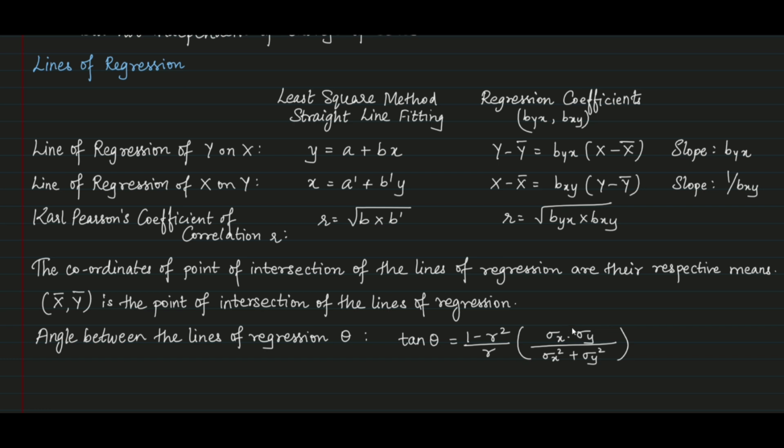Here, sigma x and sigma y denote the standard deviations of x and y respectively, whereas sigma square x and sigma square y denote the variances of x and y respectively. r denotes the Karl Pearson's coefficient of correlation.